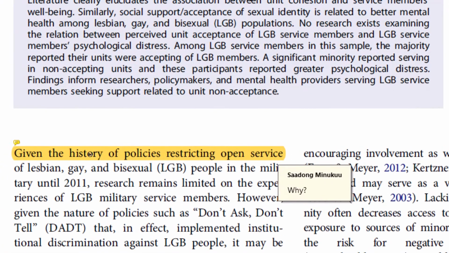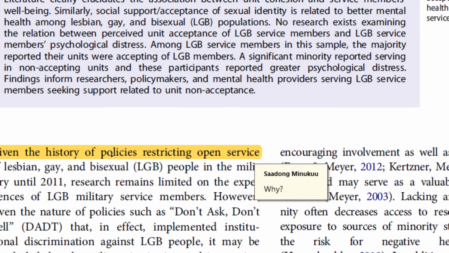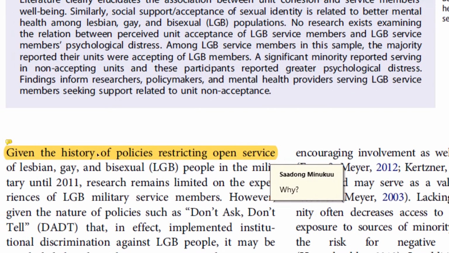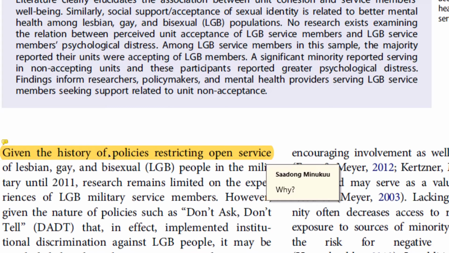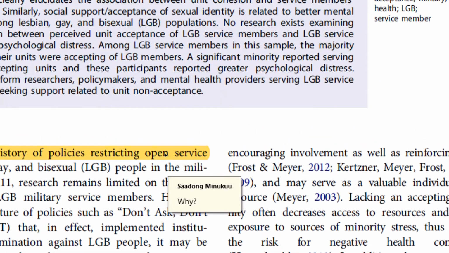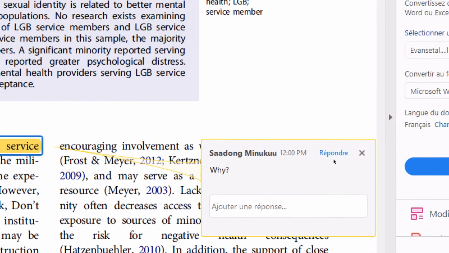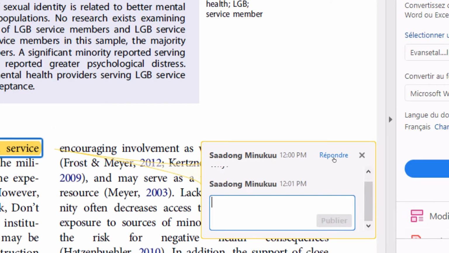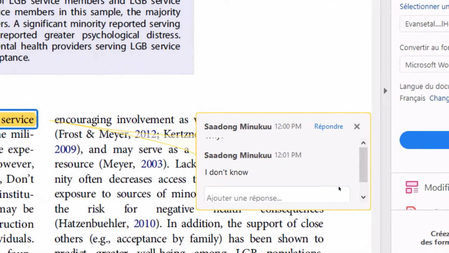So when the reader comes over, as soon as he places the mouse on this particular shading, he will see the comments that I wrote. And then to reply, you just click on it and reply by clicking on respond. And he would say something, for example, and then save the comment.